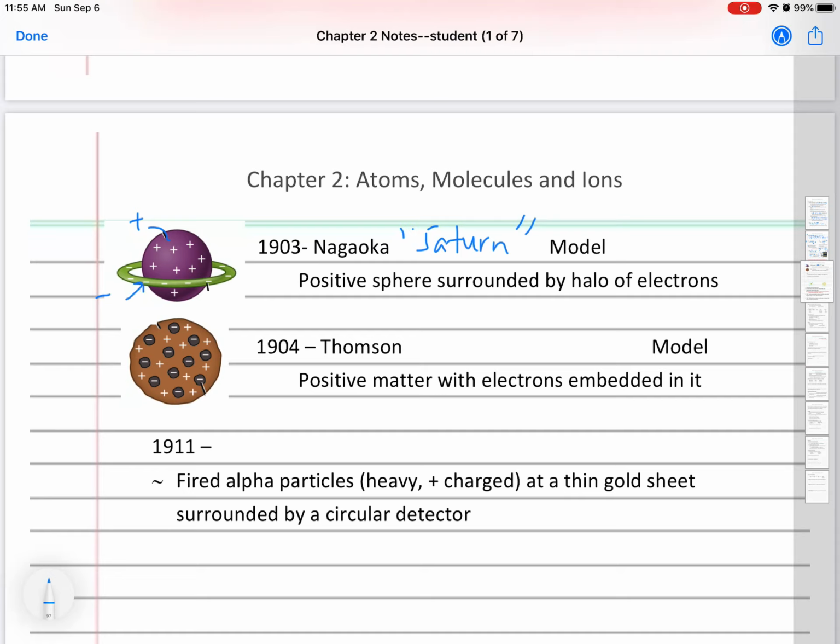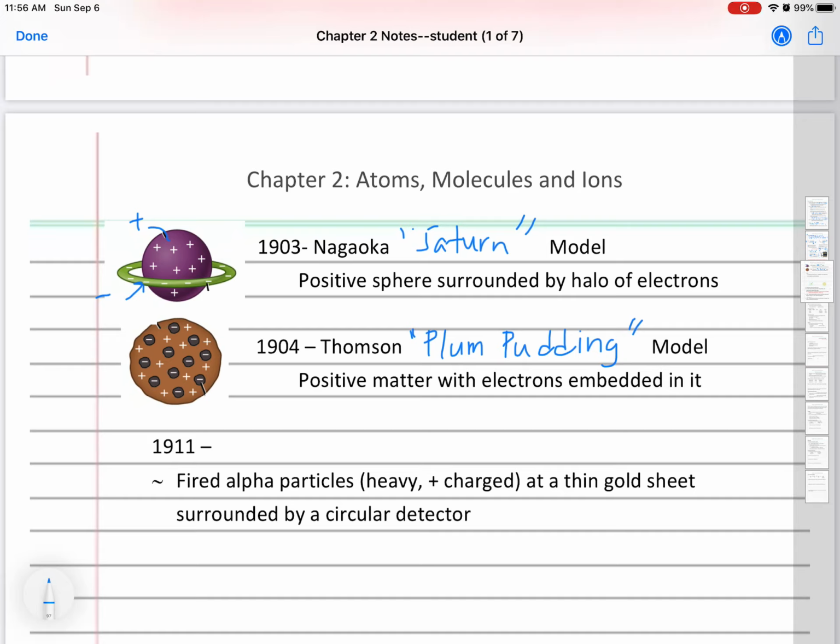Versus J.J. Thomson of the cathode ray tube experiments, who proposed what was called the plum pudding model. Plum pudding is like a British dessert. It's like a bread pudding with raisins in it. But maybe a more Americanized or modernized analogy would be a bowl of oatmeal with raisins in it, or an oatmeal cookie with raisins in it.